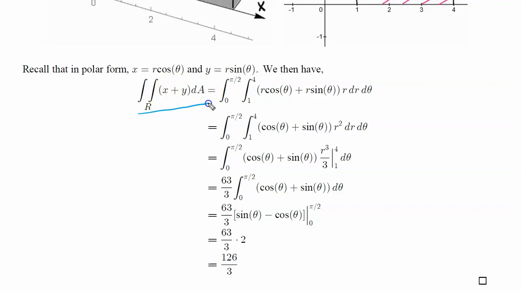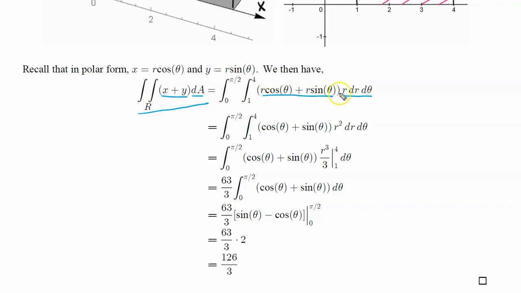So here we have our double integral. Notice that x plus y is r cosine theta plus r sine theta. The dA becomes r dr d theta. Now the r is going to vary from 1 to 4, r equals 1 to r equals 4. And then the theta, as we've seen, will vary from 0 to pi over 2. So once again, these are curve to curve, and then point to point.